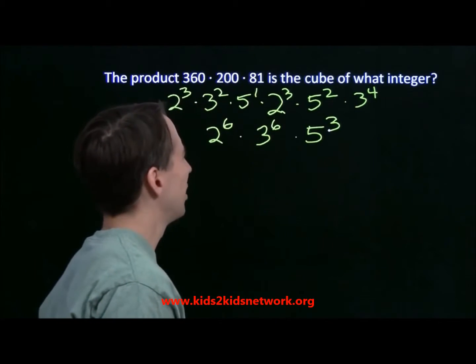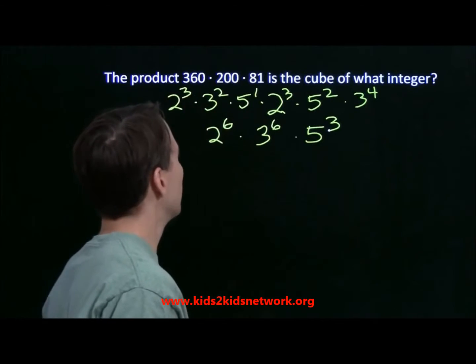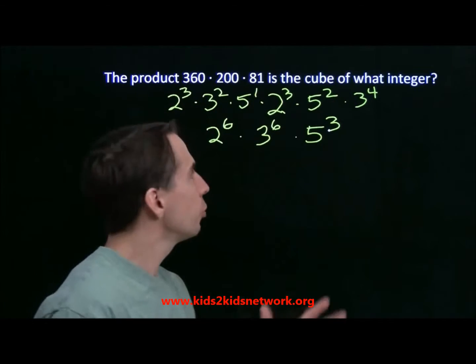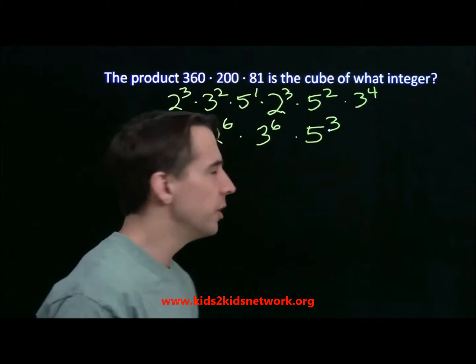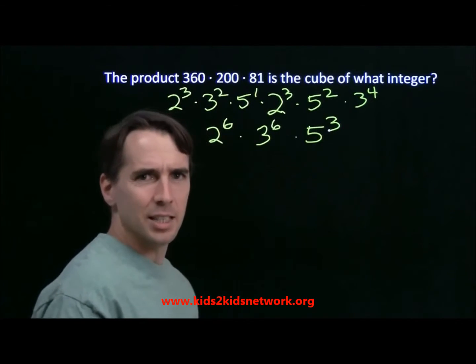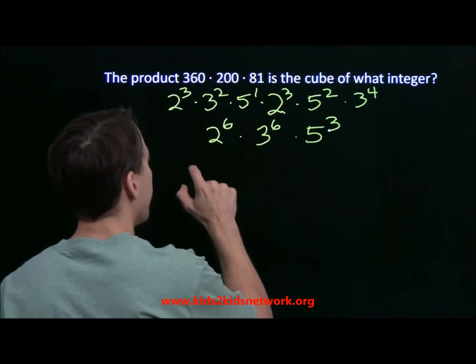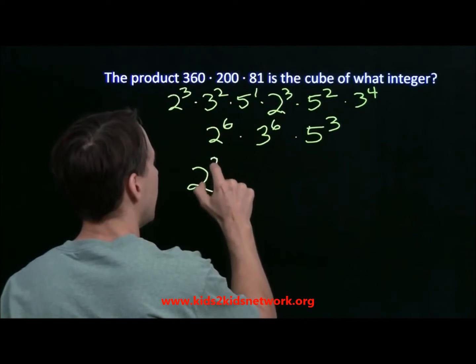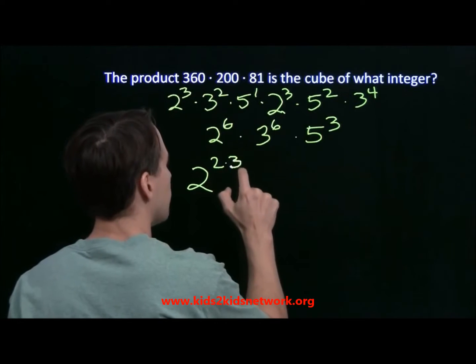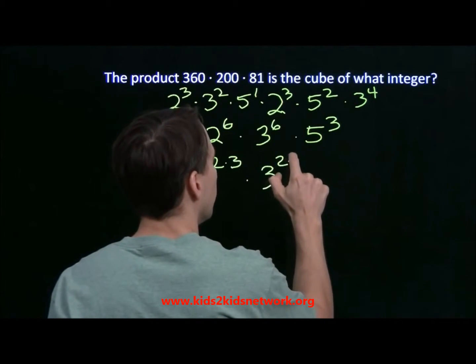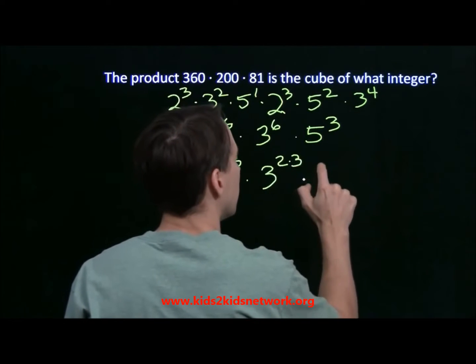Well, that looks a little simpler than this, maybe. I mean, if all the exponents were 3, we'd feel really close because we're looking for the cube of an integer. We have those 6's sitting there. I can write 6 as 2 times 3. Let's check that out. Right, each of these exponents of 6 is 2 times 3, because in the end we want a cube. We want a cube of an integer.